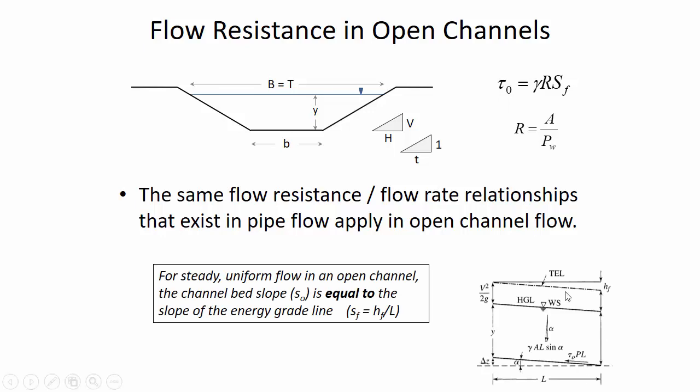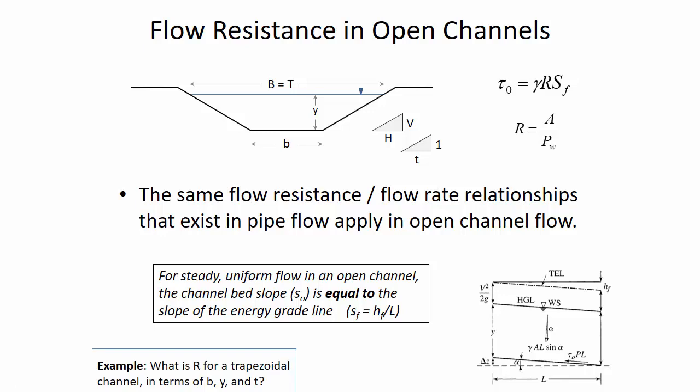And so if we want to find out what the slope of the energy grade line is and how that affects the shear stress that's acting on the side of the embankment or the bottom of the channel, we can calculate the shear stress and compare it to the cohesive strength of the soil, for instance.